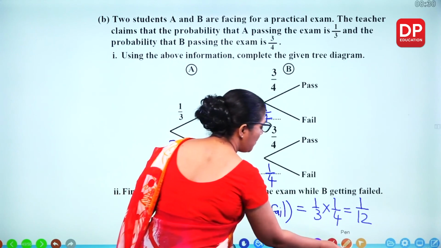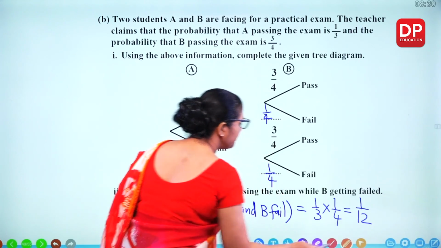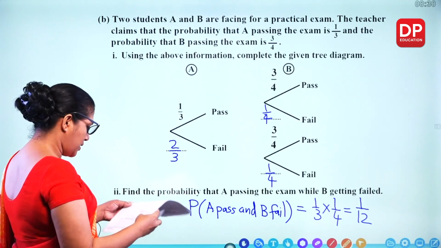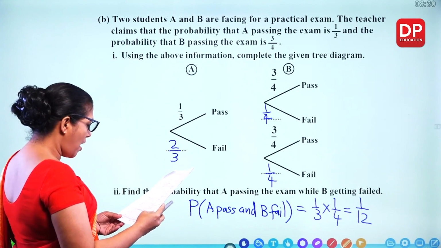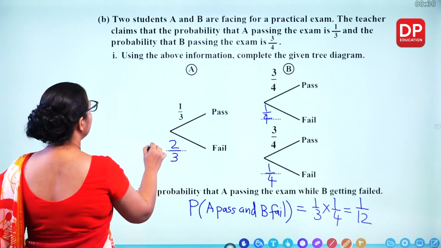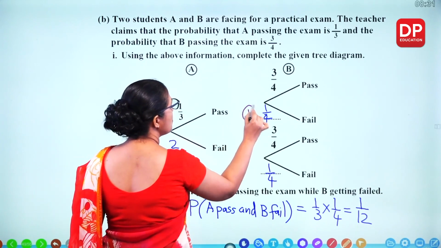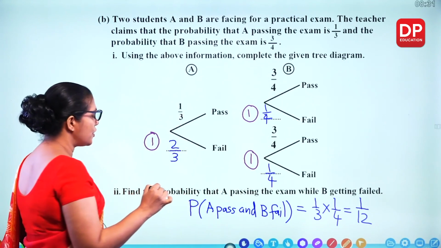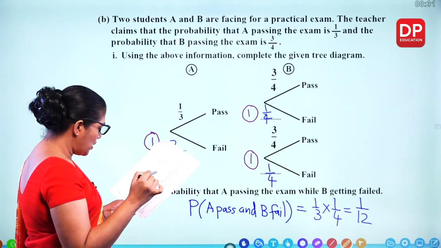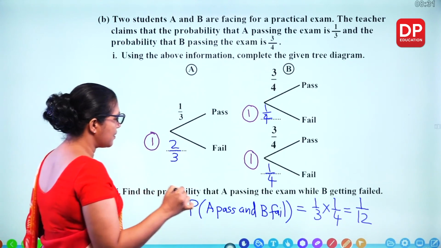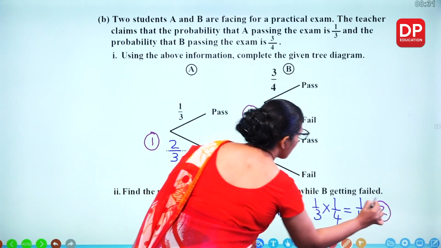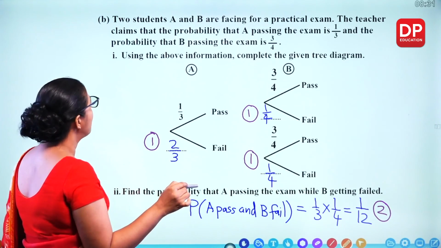So we'll see how many marks now. You get 3 marks for the tree diagram. 1, 2, 3. 3 marks for the tree diagram and 1/12, 2 marks. So 3 to 5.